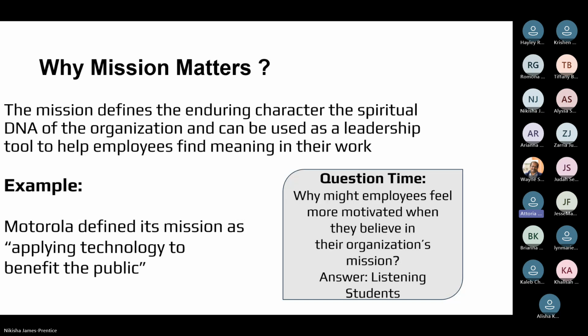James Collins demonstrates the importance of having a compelling mission. He contrasts Zenith and Motorola. They both began as successful television manufacturers. However, their missions were different. When technology advanced, Zenith never really advanced because its primary goal was to manufacture TV sets. In contrast, Motorola was dedicated to applying technology to benefit the public.